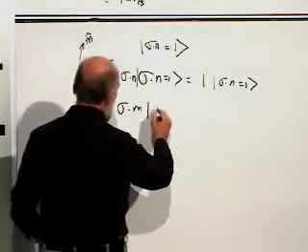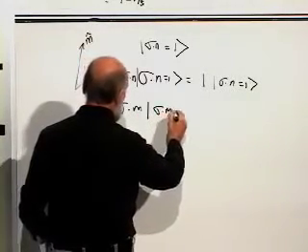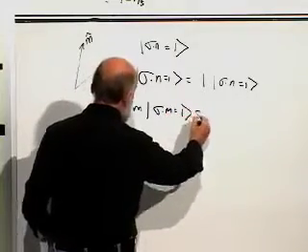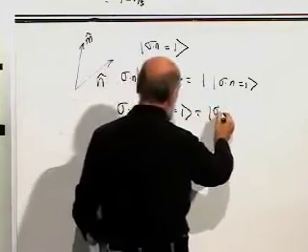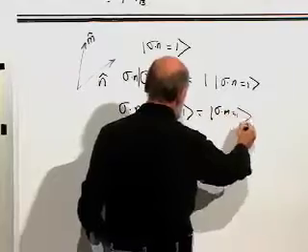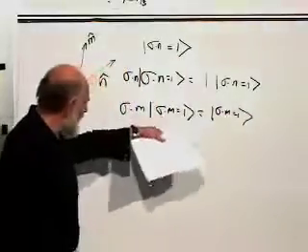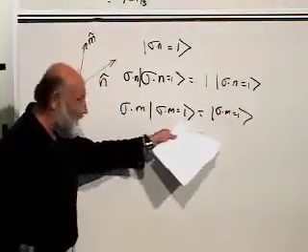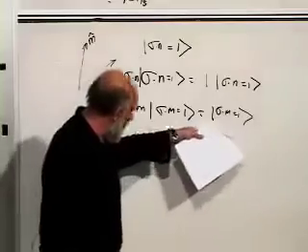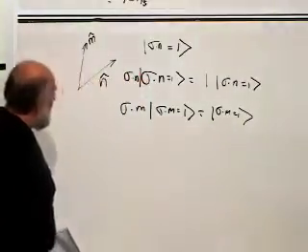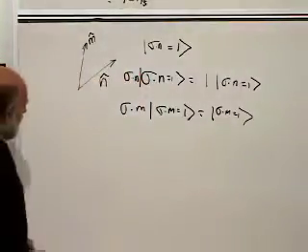Sigma dot m on the state sigma dot m equals plus 1 also equals the same state. This equal here is not an equals, it's just part of the notation labeling the vector. Okay. I could have used a simpler notation.